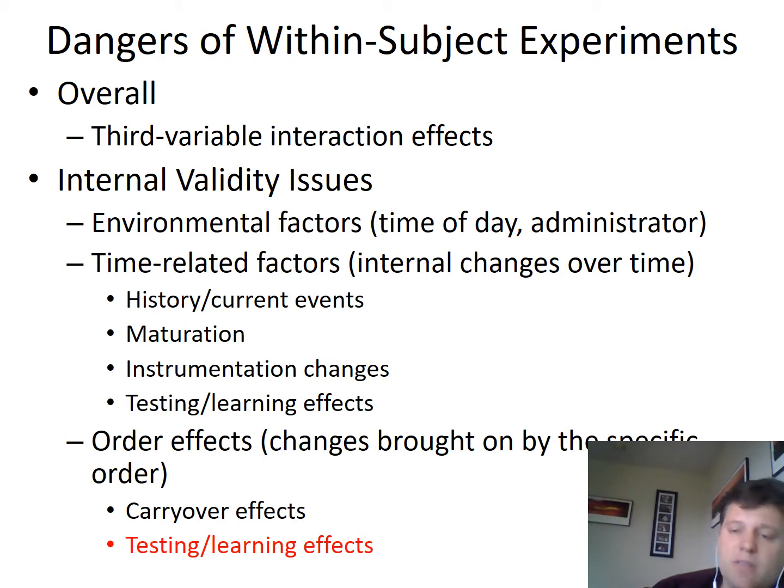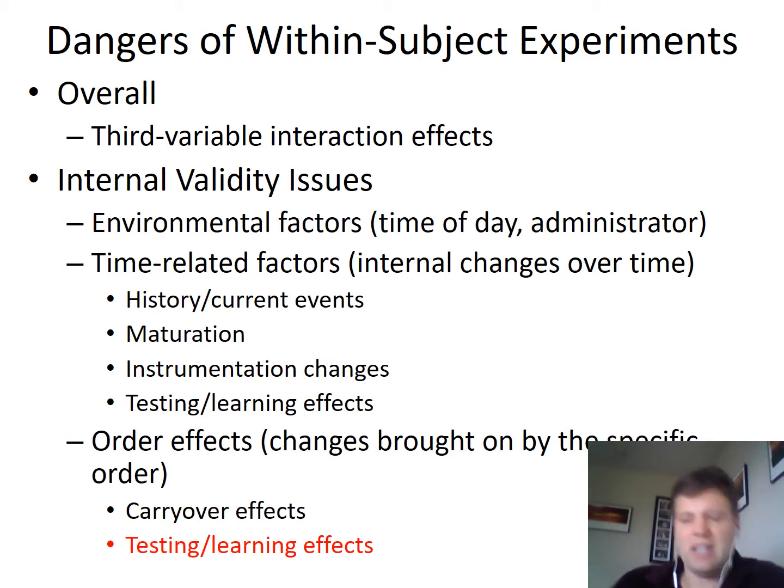But this does get us to one other thing that's a big issue. If testing and learning is robust and it's directly related to what's going on, that's what we call an order effect. And it's something that really prevents you from ever being able to run a within subjects design. So if somebody's naturally getting significantly better on something the second time around, then you can never really run a within subjects design and see how different instructions or different sets impact performance on those things.